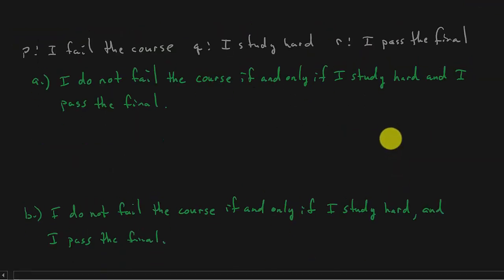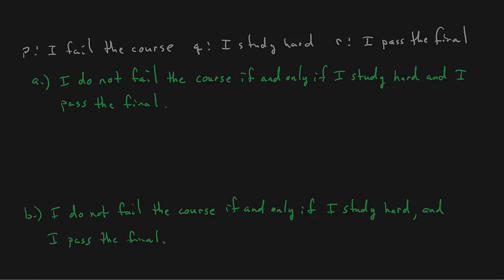I forgot to write the statements, what P, Q, and R were. So now let's look at writing these symbolically. It says, I do not fail the course if and only if I study hard and I pass the final.